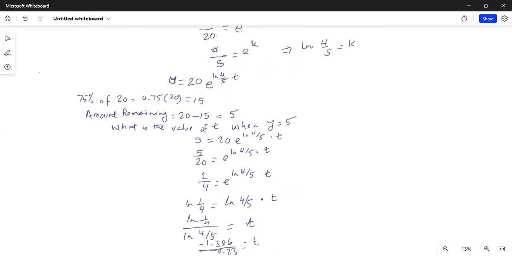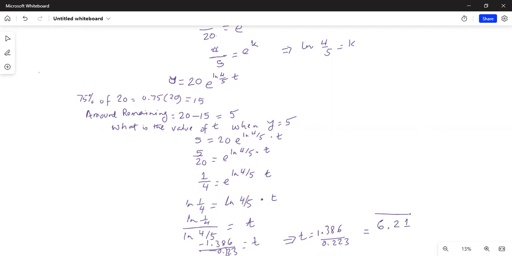So t is equal to 1.386 divided by 0.223, and the answer is t is equal to 6.2 hours.